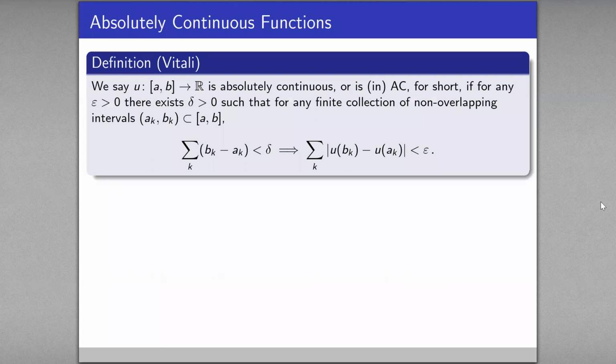So what is an absolutely continuous function? This is a very strong form of continuity, even stronger than uniform continuity. Given any epsilon, there exists a delta such that for any finite collection of non-overlapping intervals, if the sum of their lengths is less than delta, then the differences of the function values at the endpoints, added up, is less than epsilon.